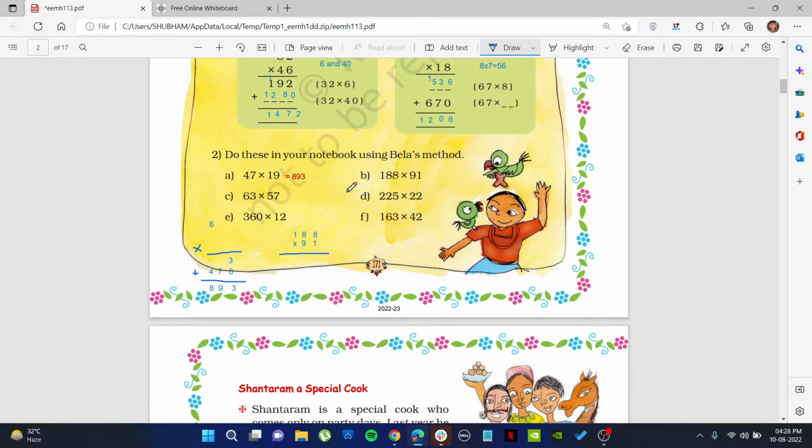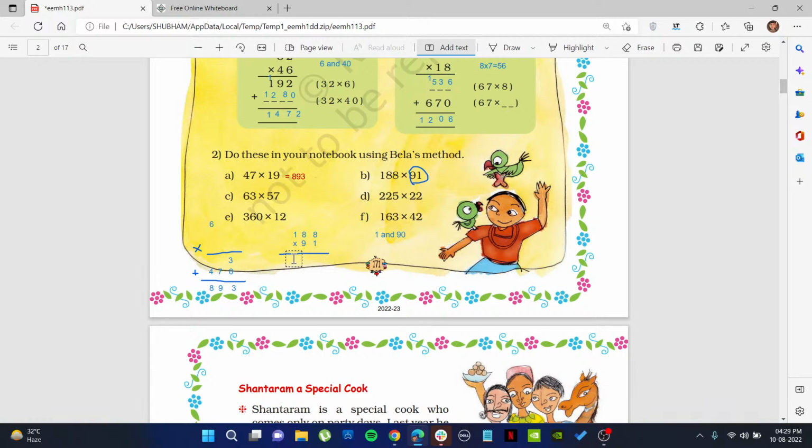So here also we will be using the same method. And what is going to be our first step? We need to break 91 into two parts. After breaking into two parts, we get 1 and 90. So first we will be multiplying 188 with this 1.